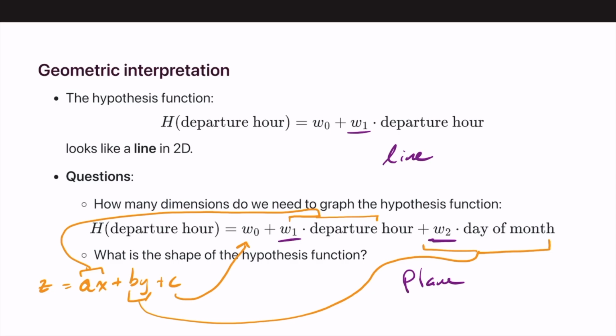It's just rewriting it differently, where our intercept, W naught, is at the front by convention, and our two slopes with departure hour and day of month are these parameters, which would be the ax and the by. So this is nothing too unfamiliar mathematically from the Math 20 series, because z equals ax plus by plus c gives us a plane.